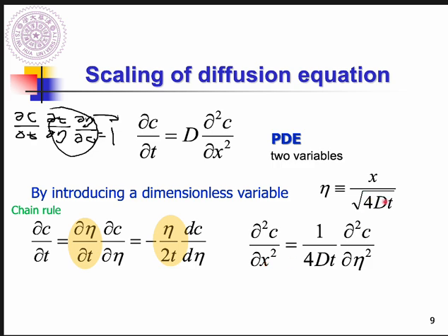The square root squared gives you 4Dt outside and iota inside. So you successfully get this one. On the left-hand side I converted this, and D times the concentration's second gradient with iota.